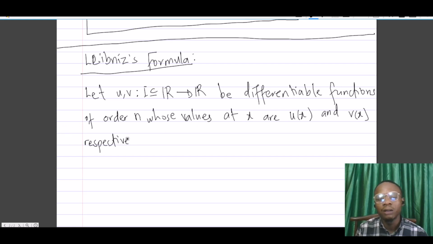So differentiable functions of order n simply means that we can get the derivative up to order n. So that's what we mean by differentiable functions of order n. So those are the functions.